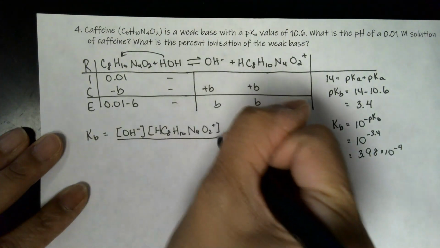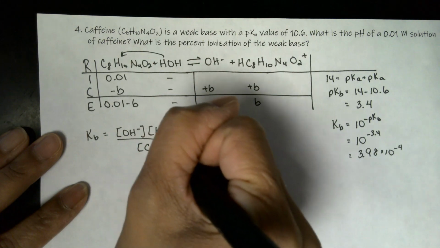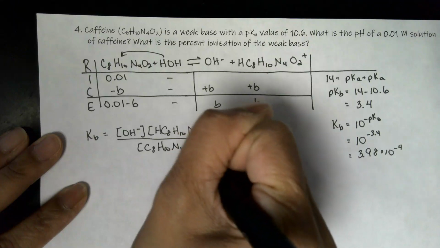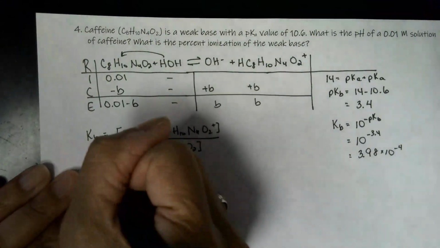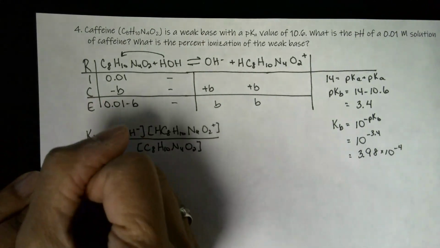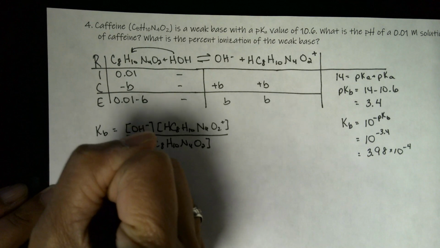Caffeine's a wonderful molecule, but it's very large. All right, over the concentration of the initial weak base, C8H10N4O2. So from here, you should be able to solve for the rest of this, right? I know my Kb is equal to 3.98 times 10 to the negative 4.